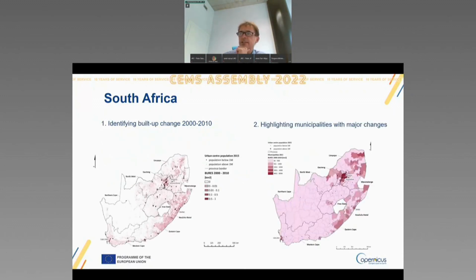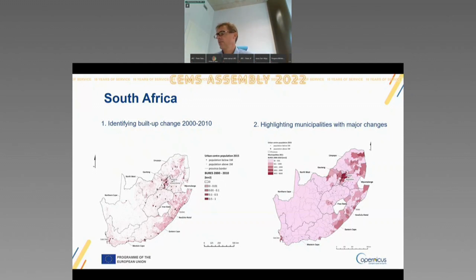So having global data, of course, we can identify the built-up areas. And since we also have multi-temporal data, we were able to really look at the changes between one census and the other. On the left-hand side, you see the built-up change at the pixel level that we then aggregated at the municipality level to highlight those areas with the biggest change.